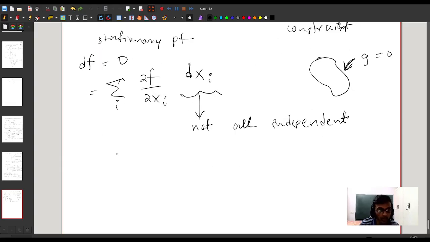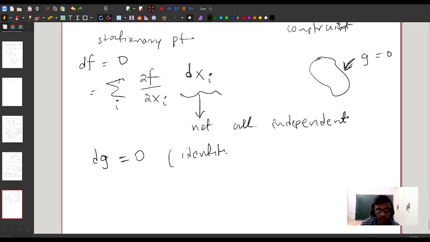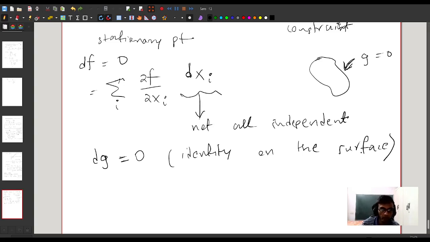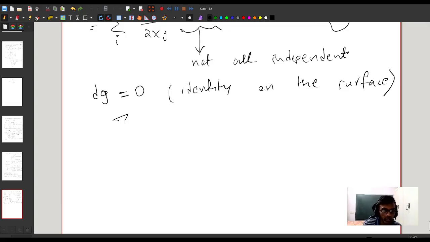On the surface g is always 0 anyway, so what we're writing now, dg, is an identity on the surface. That means this quantity is 0.